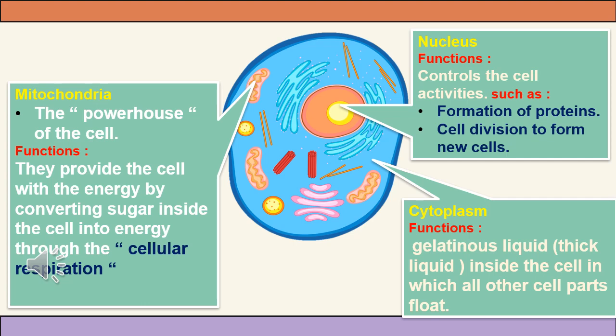What about the mitochondria? What's the function of the mitochondria? The mitochondria is considered as the powerhouse of the cell. It provides the cell with the energy by mixing the food of the cell with the oxygen to form the energy through the cellular respiration.